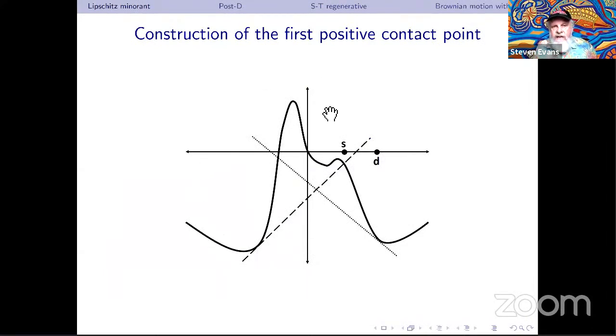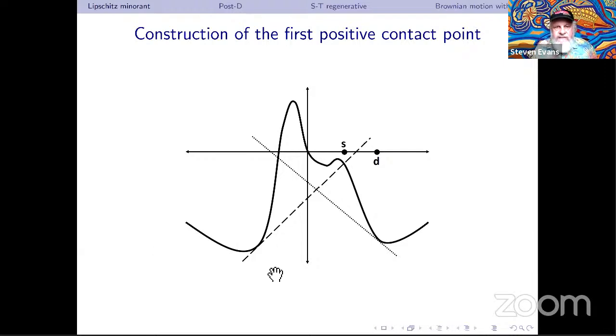Here's our function f, and what it's saying is that we take a line of slope alpha and lift it up until it hits the graph of the path of f over times that are negative.